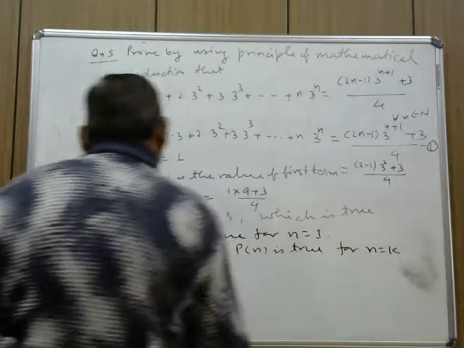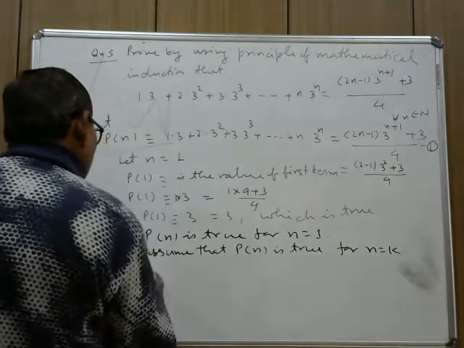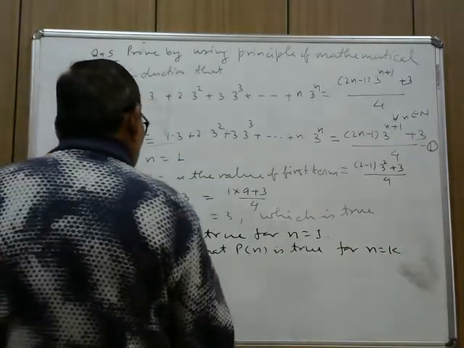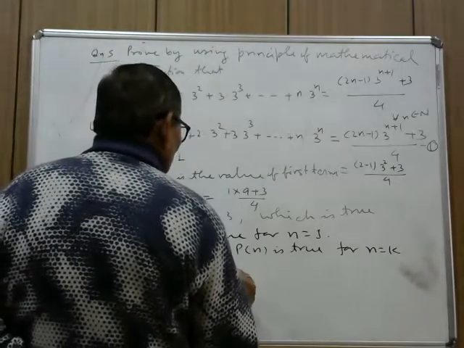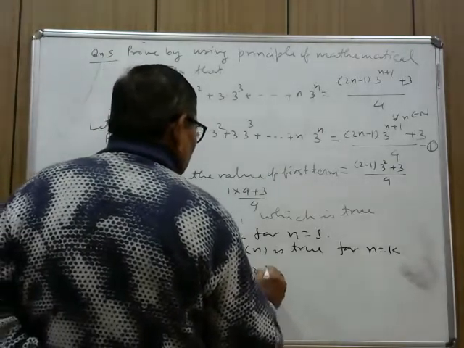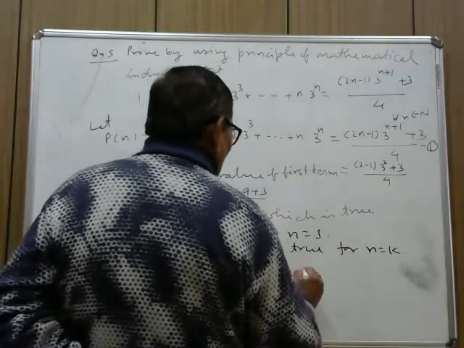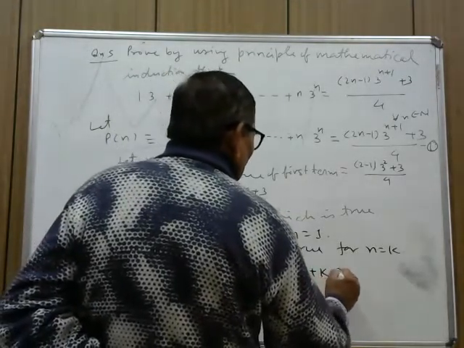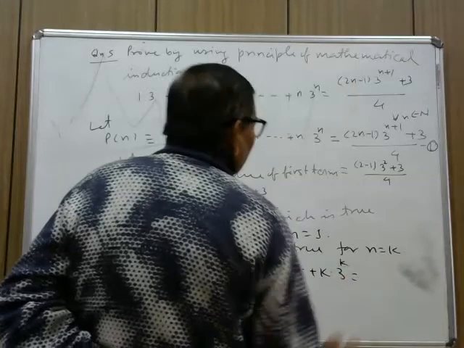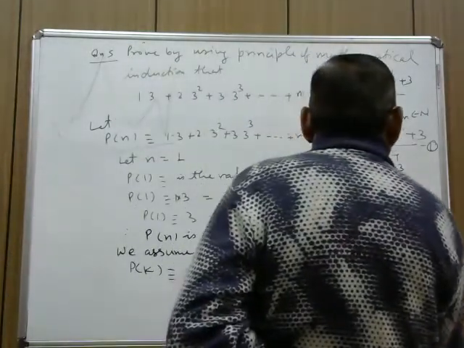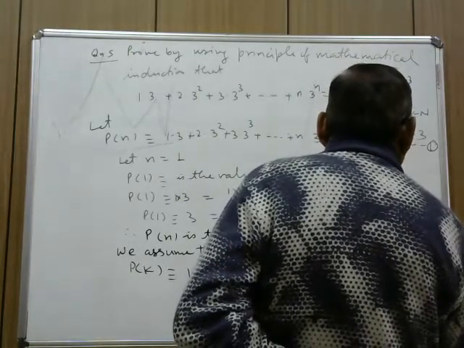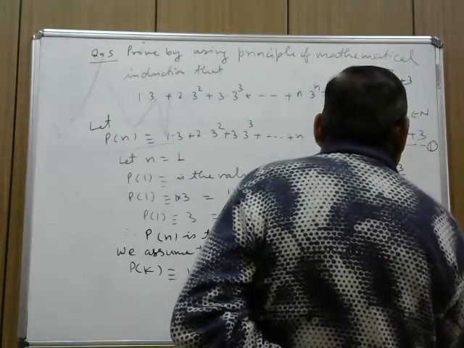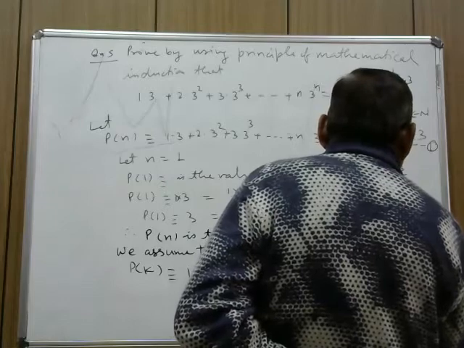So you can write P of k is equal to 1 into 3 plus 2 into 3 square plus 3 into 3 cube plus and so on plus k into 3 to the power k, that is equal to (2k minus 1) into 3 to the power k plus 1, plus 3 upon 4.